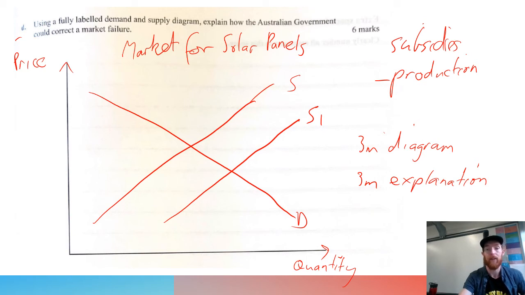Therefore, to correct this market failure, the government uses subsidies to decrease the cost of production for businesses producing solar panels. Therefore, they produce more solar panels, correcting this form of market failure as people are moving towards a more renewable form of energy and are going to do less damage to the environment, therefore correcting the market failure of externalities. So we're going to link that to externalities.